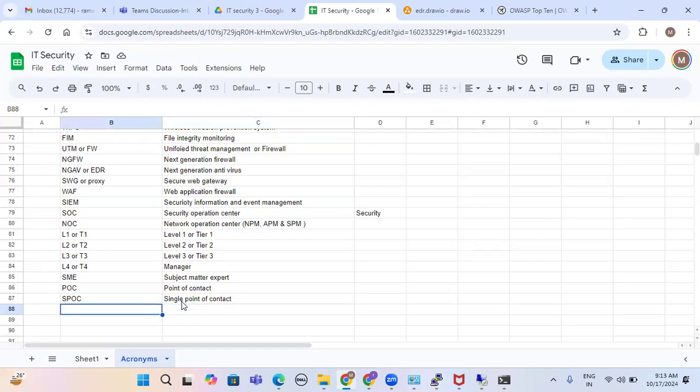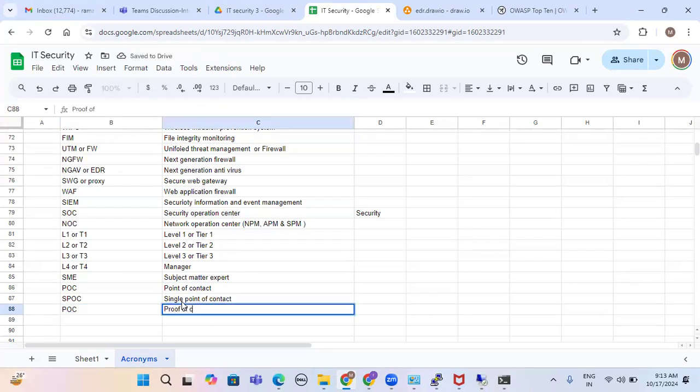And we have one more POC, proof of concept. What is a proof of concept? If you want to purchase any security tool or security solution, we have to test whether that particular tool is sufficient for our organization, and whether it matches and qualifies our requirements or not.